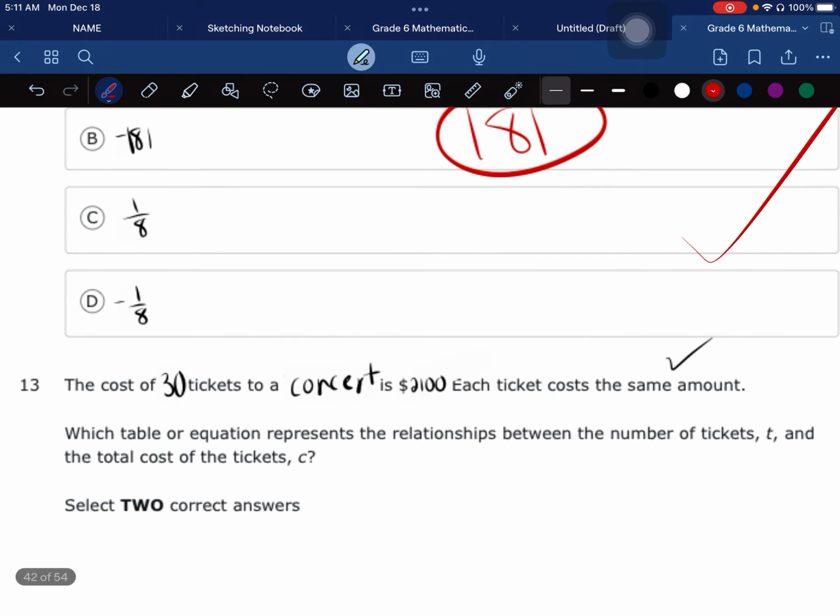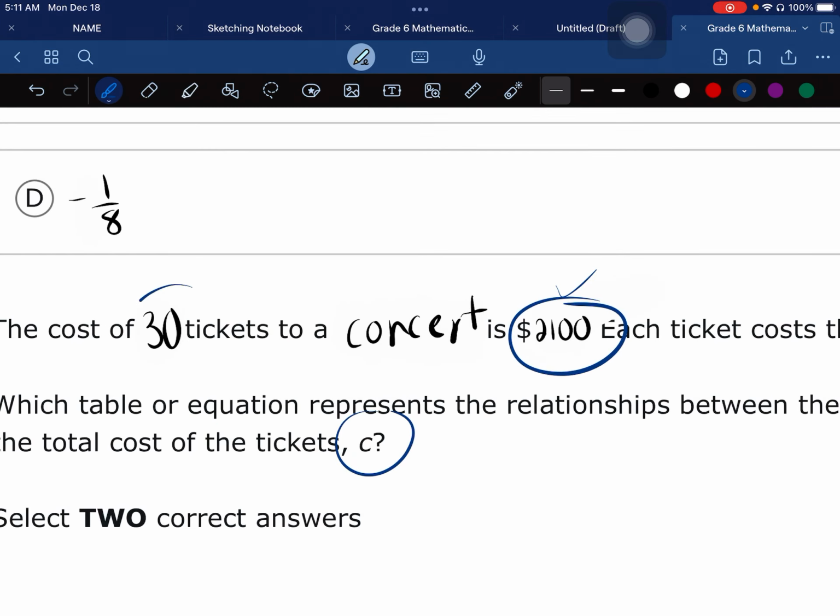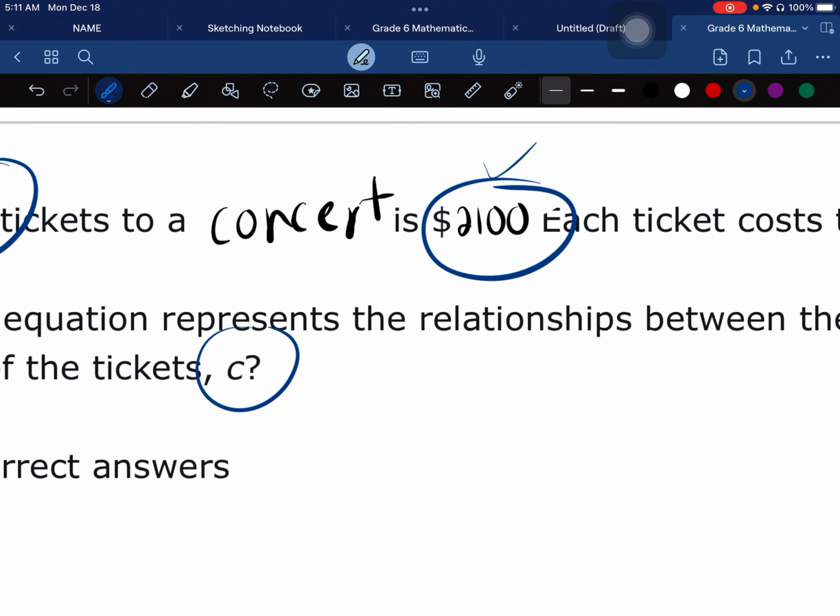The cost of 30 tickets to a concert is 2,100. Each ticket costs the same amount. Which table or equation represents the relationship between the number of tickets, T, and the total cost, C? So, how do we find the cost for one ticket? Yes, we divide.